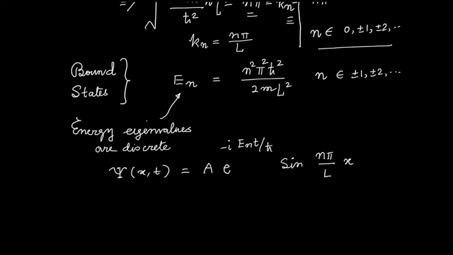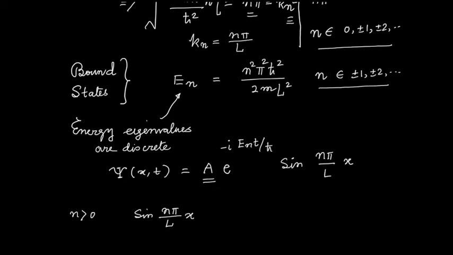Okay, so still we are left to figure out what this A is. Remember, this A is arbitrary. Now you see what happens if I have this sine of n pi by L times x. If n is positive, say n greater than 0, then I have two types of solution, because originally n can be either positive or negative.